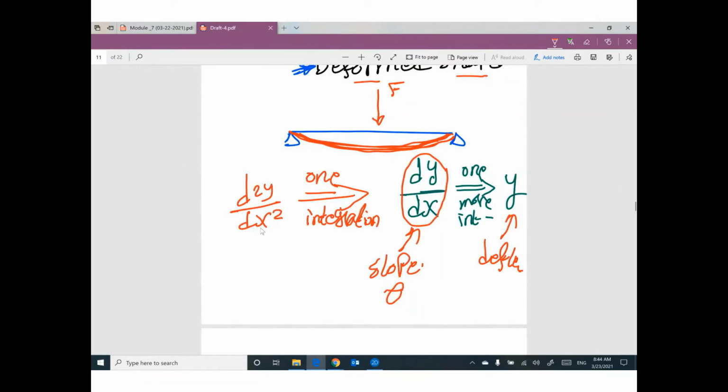I will do one integration. This first integration will give you dy by dx, which is the first derivative, can be called the slope theta. If you do another integration, I can get the value of y, which is deflection. That makes sense?